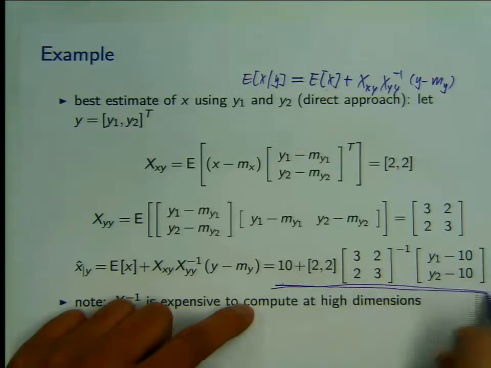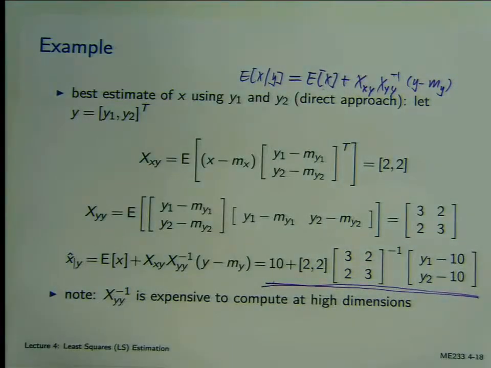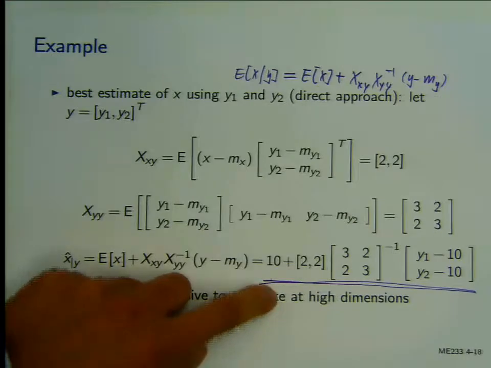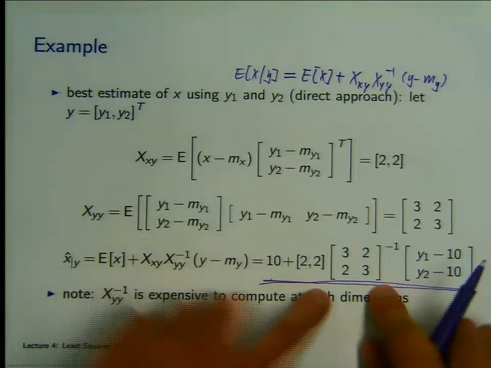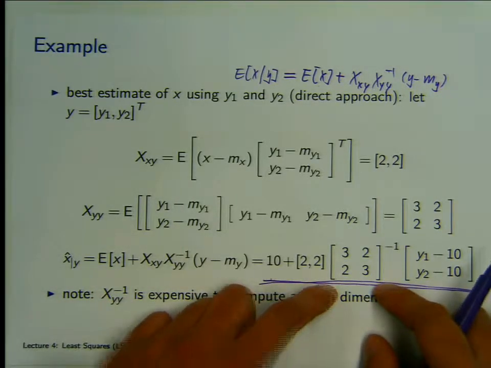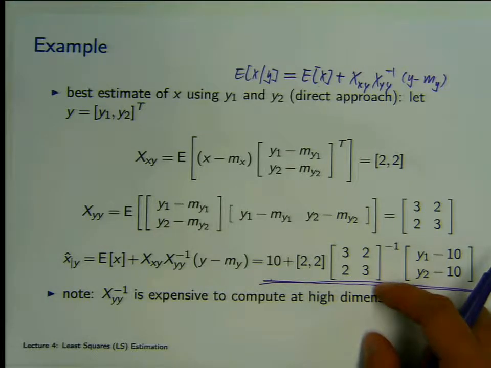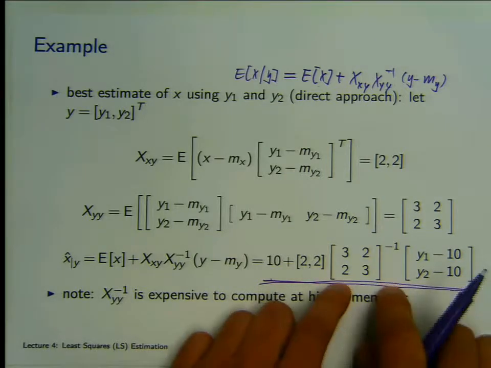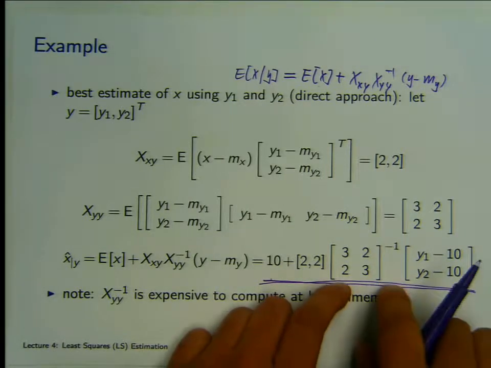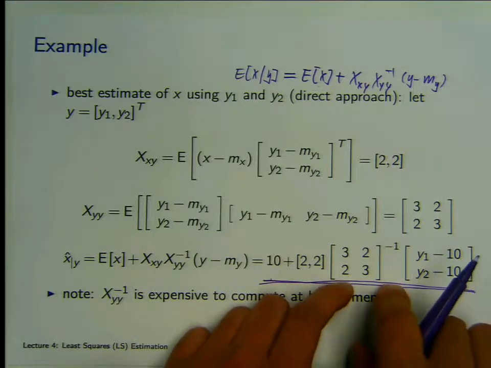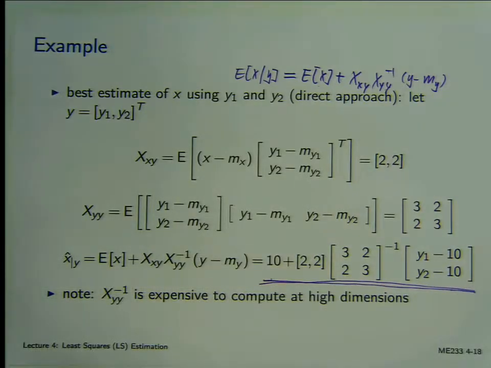So it's great for low order computations. But imagine if I'm doing an experiment and I take a measurement every 1 second over 1 hour. It's going to be a huge matrix here, and taking the inverse of that matrix is going to be really painful.